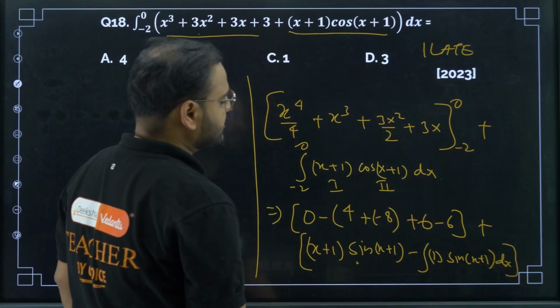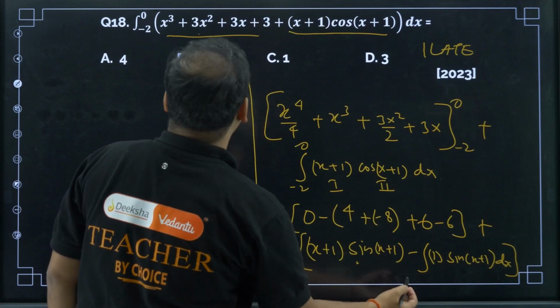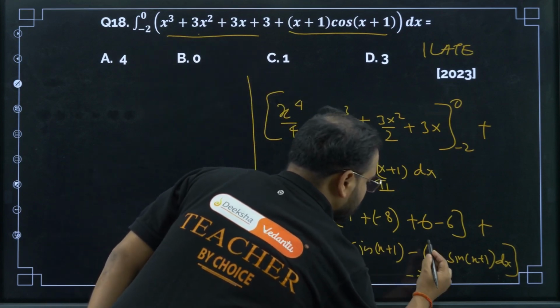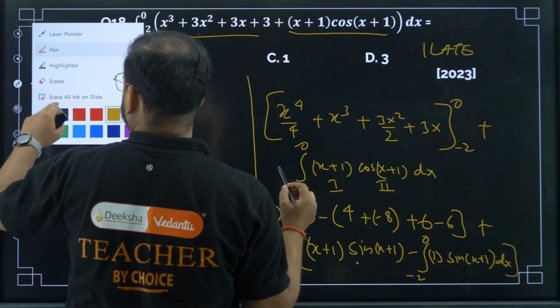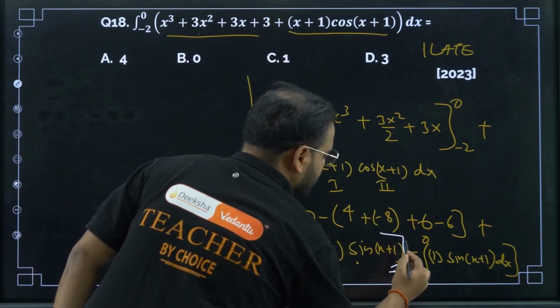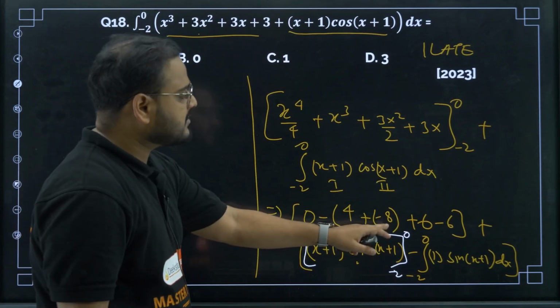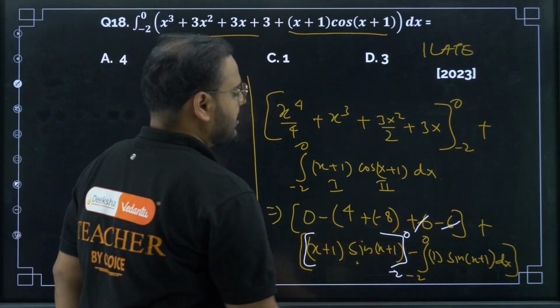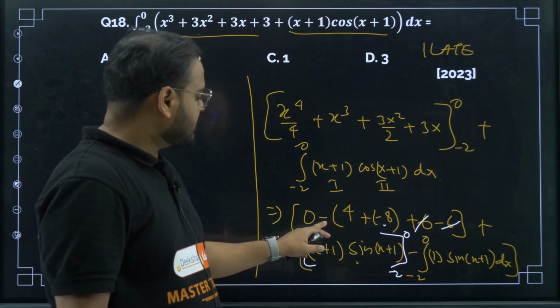This whole thing has a limit minus 2 to 0. Simple enough. Now I'll just simplify this. 6 and 6 go out. I have 4 minus 8. 4 minus 8 is how much? Minus 4. This is a minus sign outside.